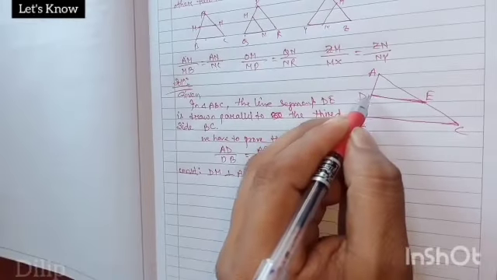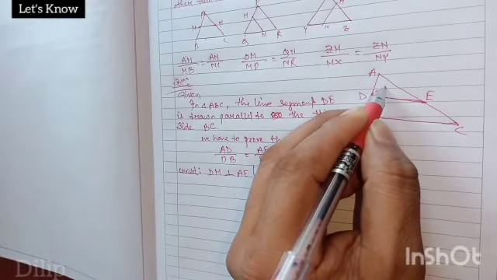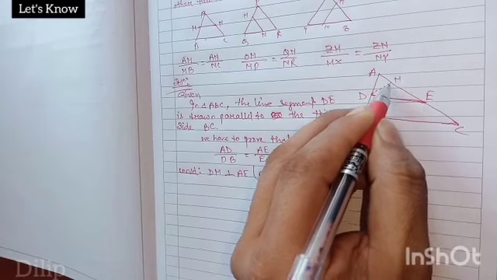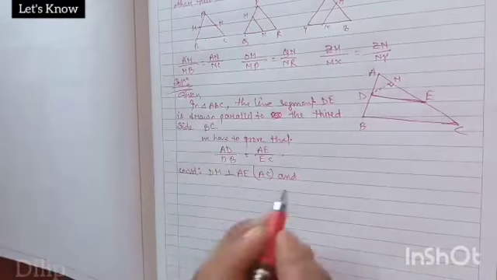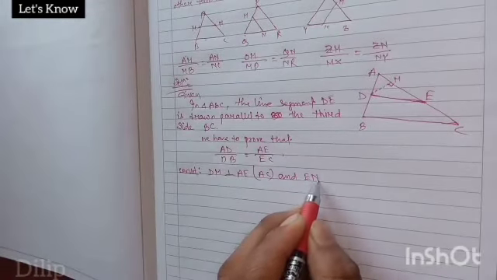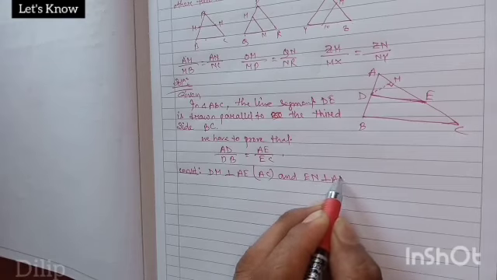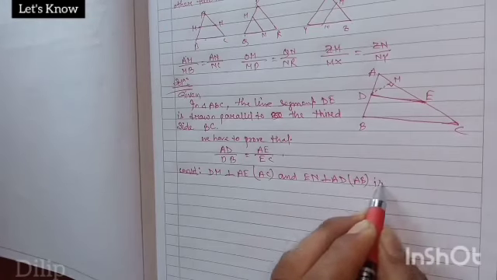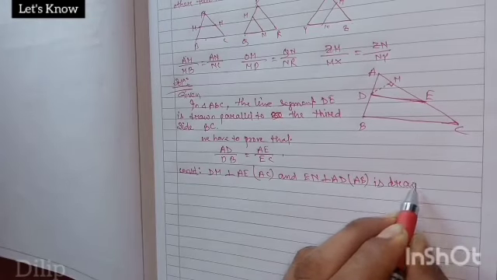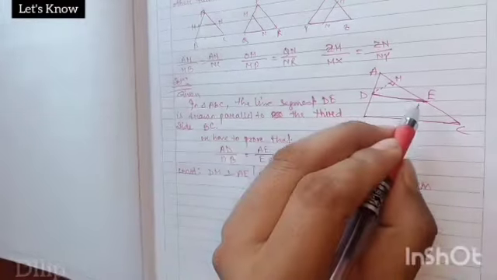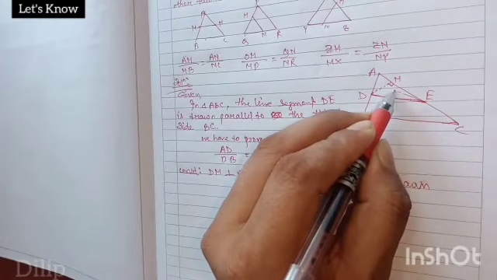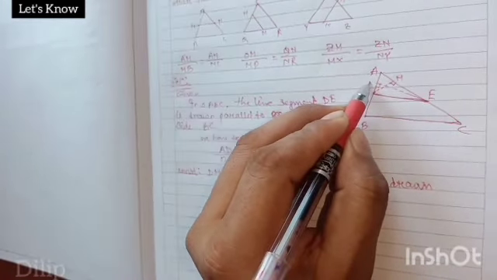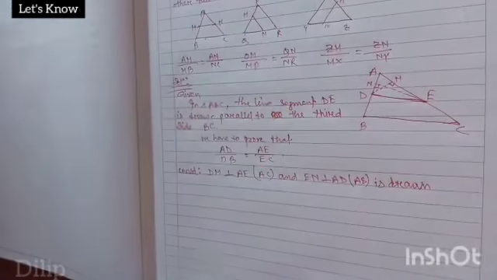This is M, suppose. And EN perpendicular to AD, in bracket you write AB. Understood? From E we have drawn one perpendicular line, suppose EN, to AD.